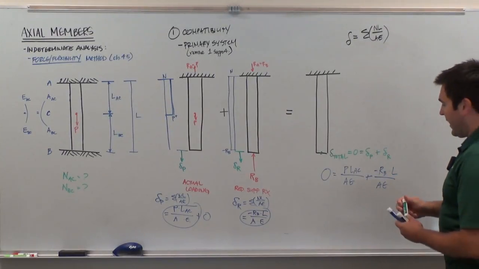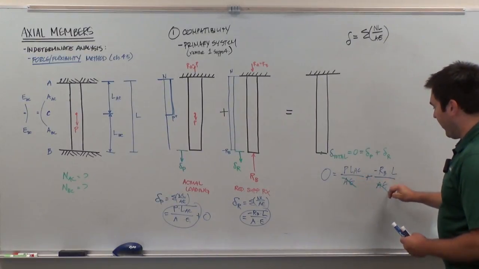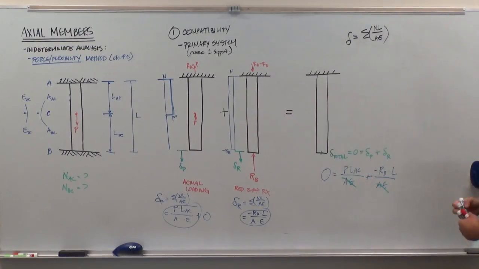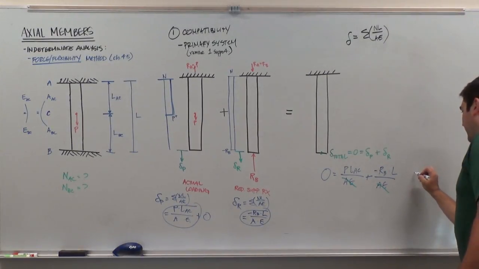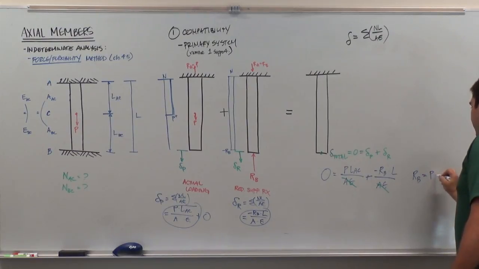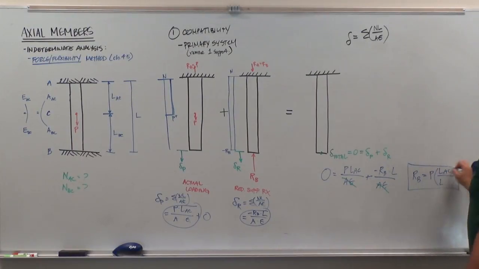So I can multiply by AE, get rid of the denominators, do a little bit of arithmetic reconfiguration, and I get R sub B equals P times L sub AC divided by the total length. So that's the reaction at B.